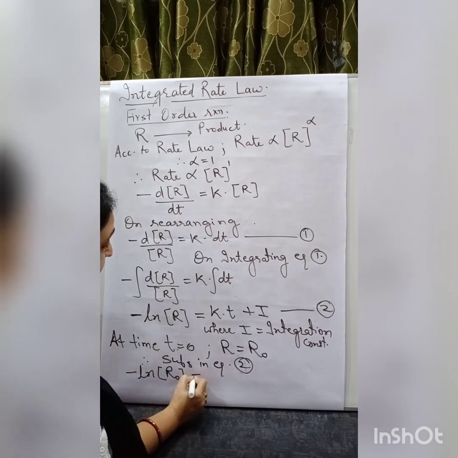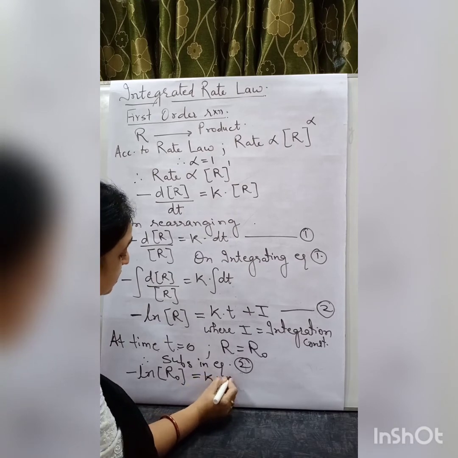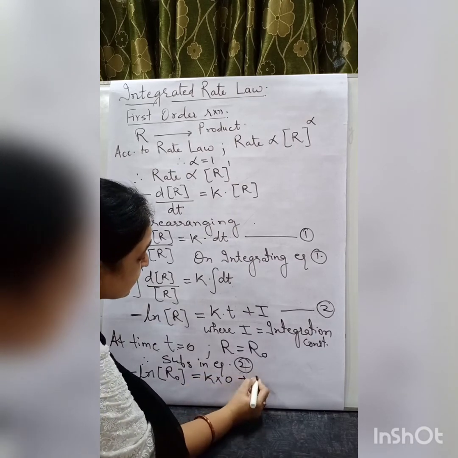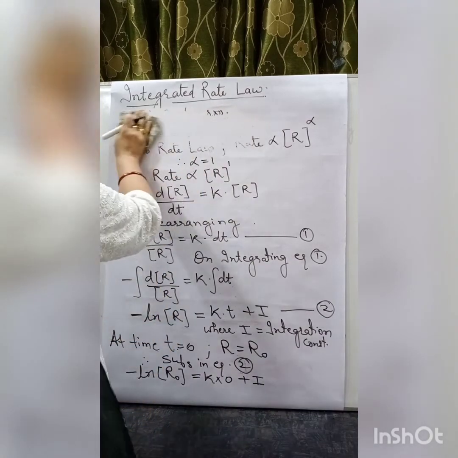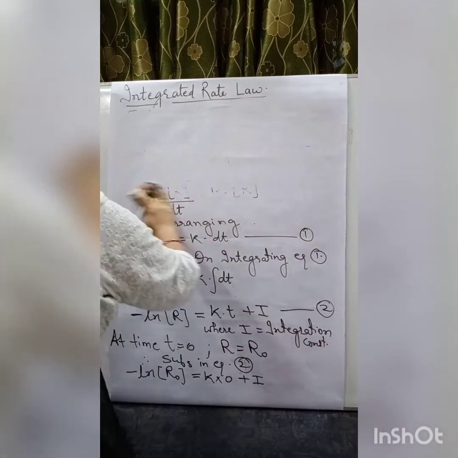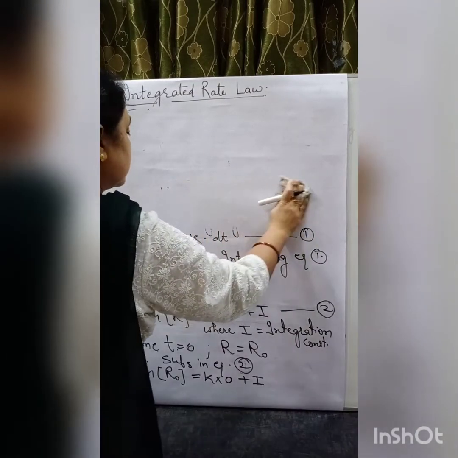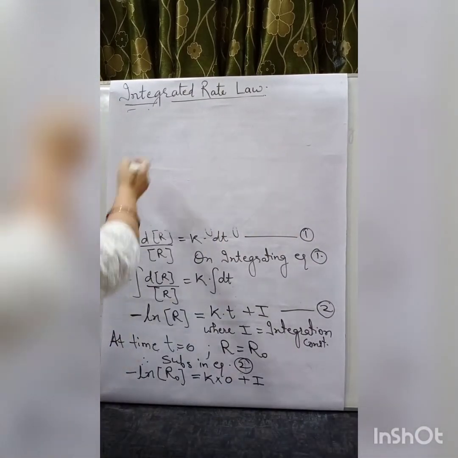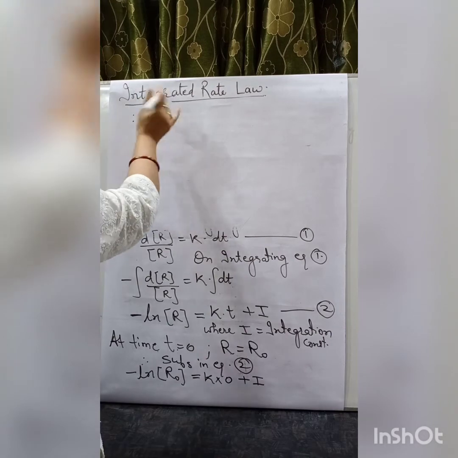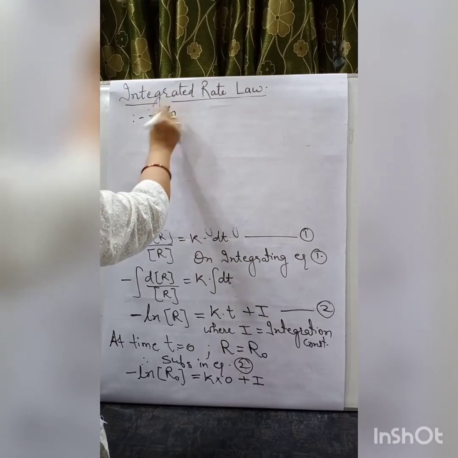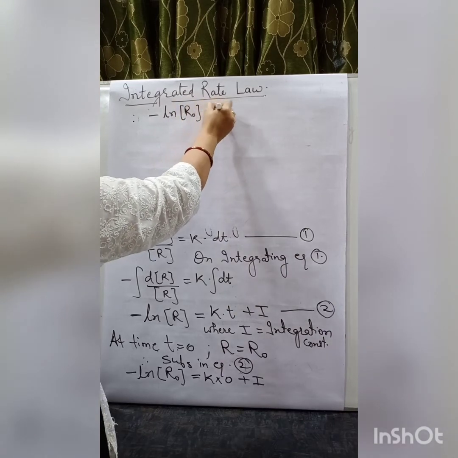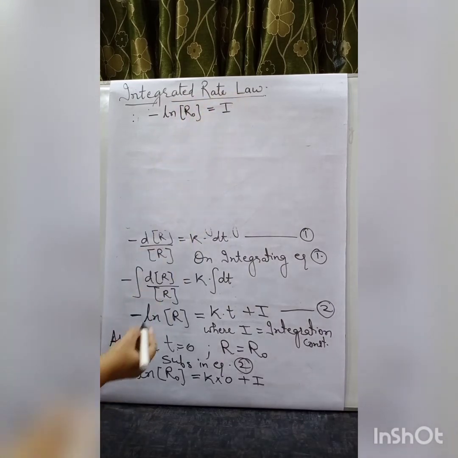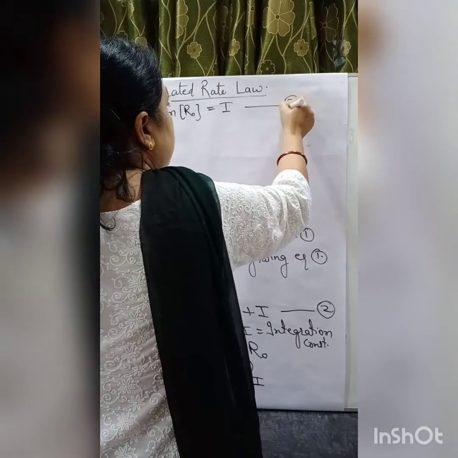R naught, is equal to k into 0, time is 0, plus I. Therefore, minus ln R naught is equal to I. Let this be equation number 3.